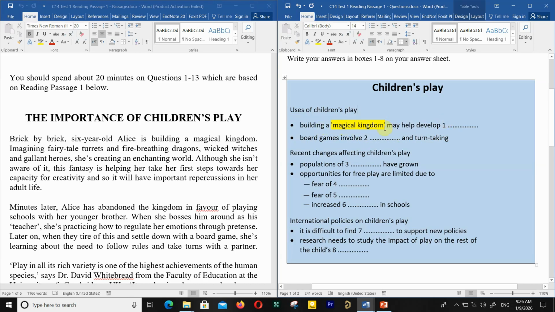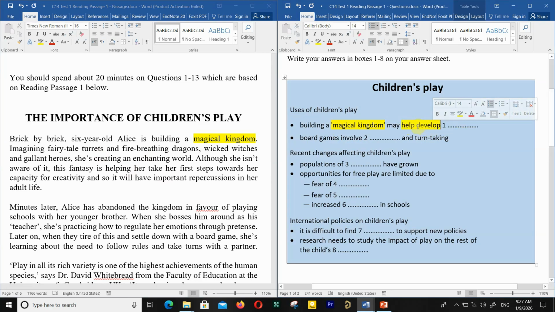So magical kingdom, just look for magical kingdom in the passage. Ta-da! Pretty easy. The first sentence. Now you locate your answer would be in this paragraph. Okay, that's for sure. So it says that building a magical kingdom may help develop something. Help develop.